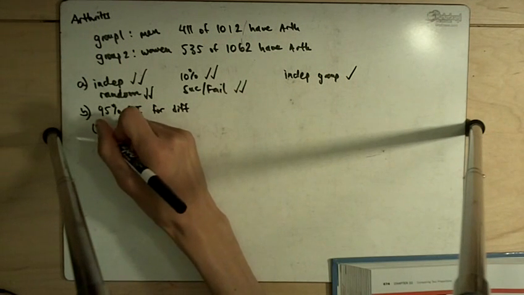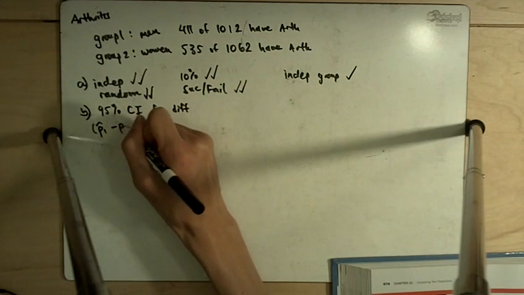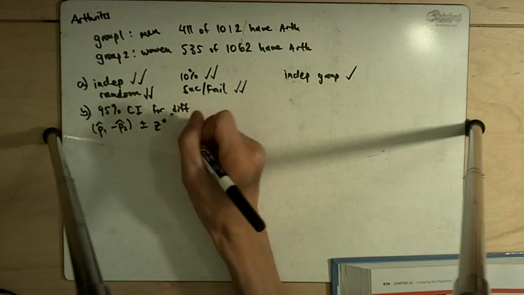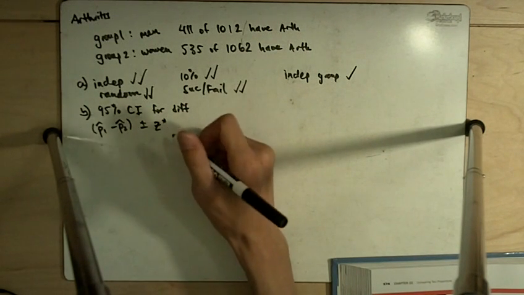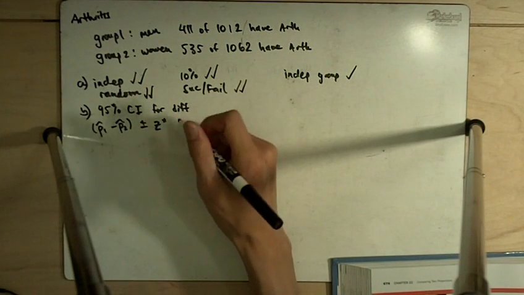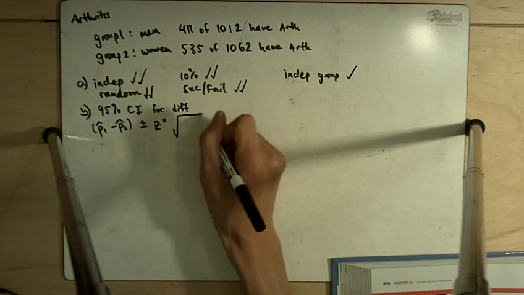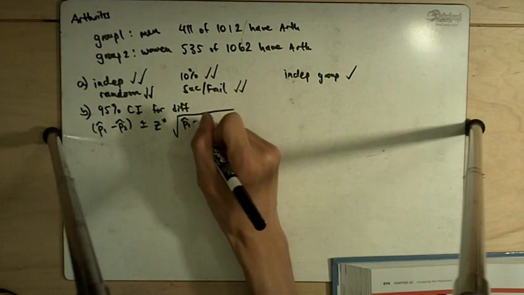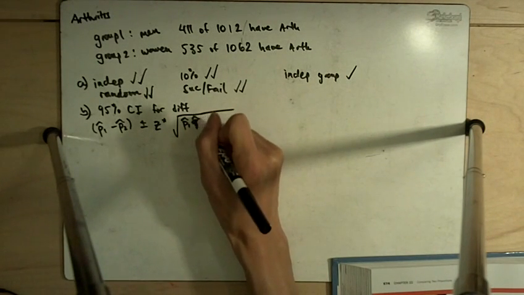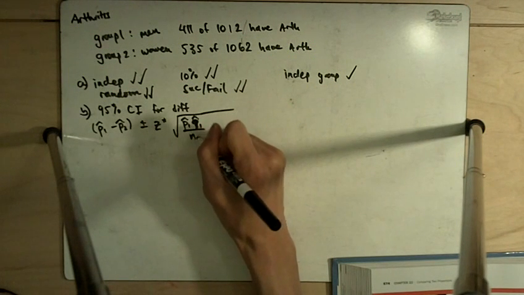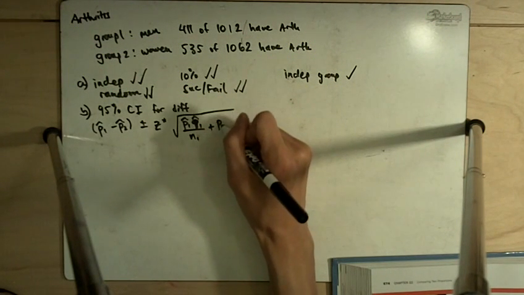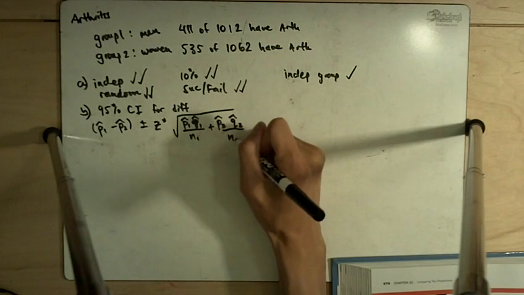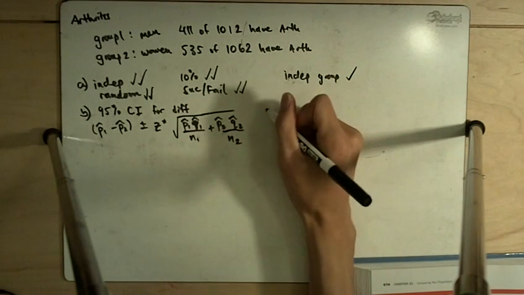The center of the confidence interval is P1 hat minus P2 hat, plus or minus Z star multiplied by our standard error, which is given by the square root of P1 hat Q1 hat divided by N1 plus P2 hat Q2 hat divided by N2.